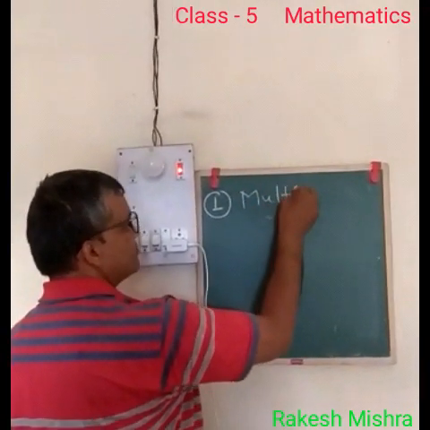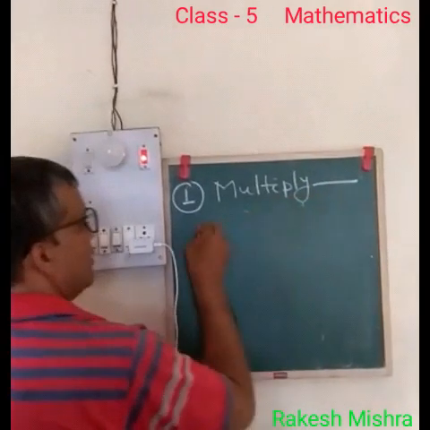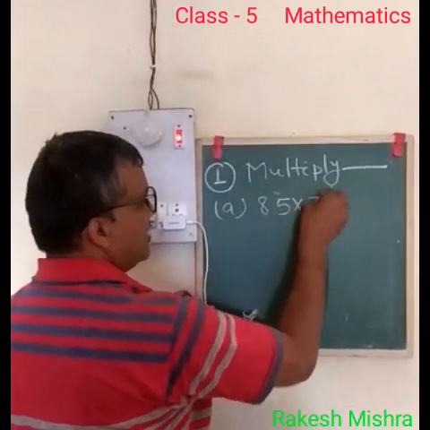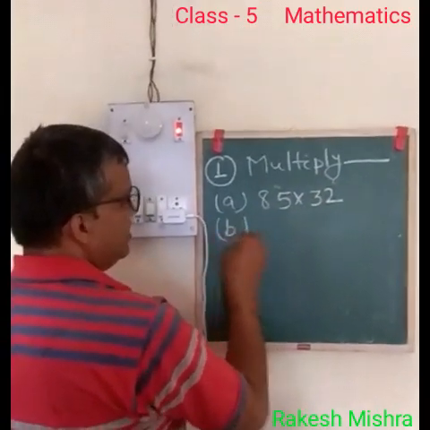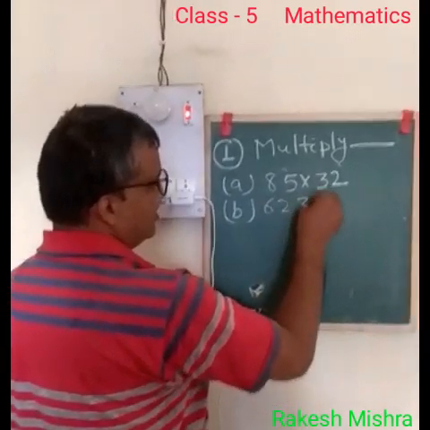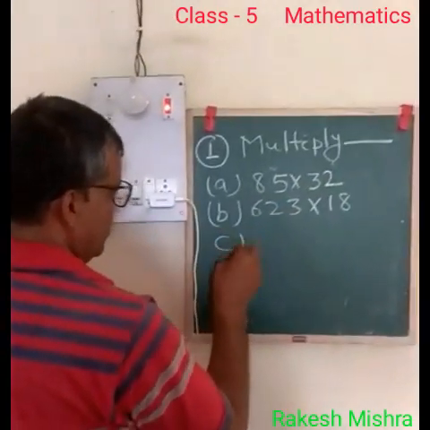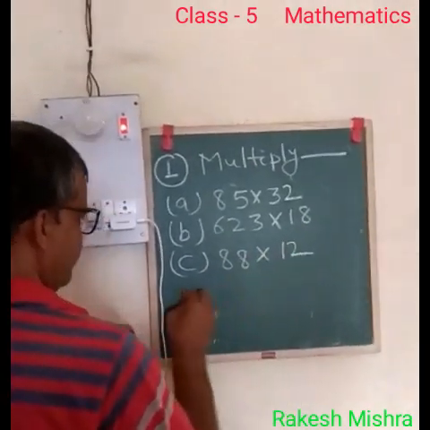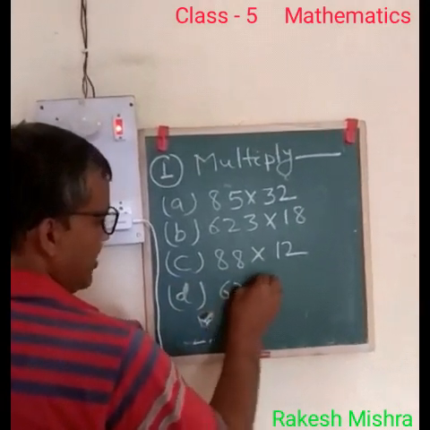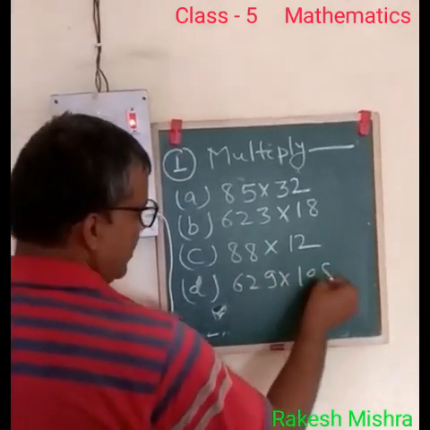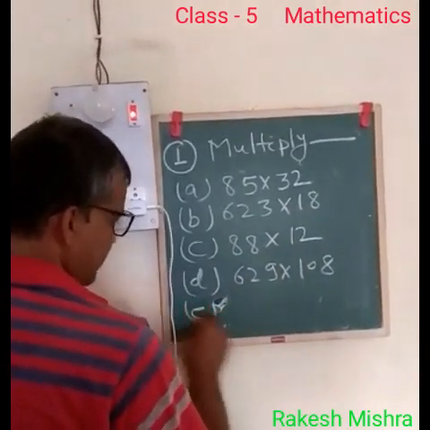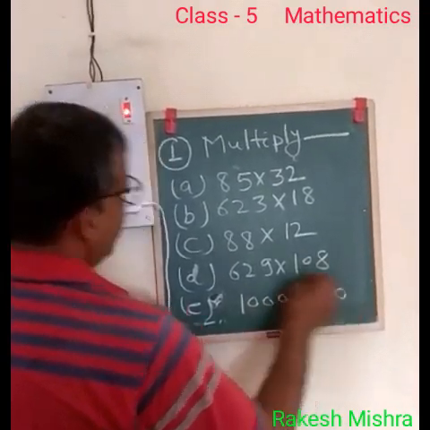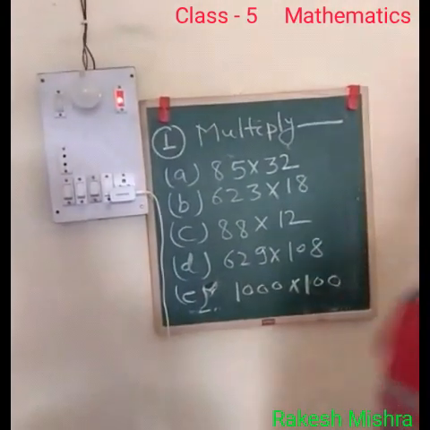Multiply: A, 85 into 32; B, 623 into 18; C, 88 into 12; D, 629 into 108; and E, 1000 into 100. This is question number 1.